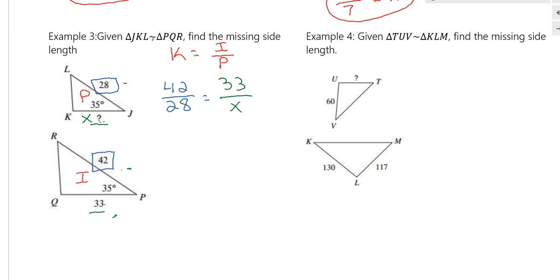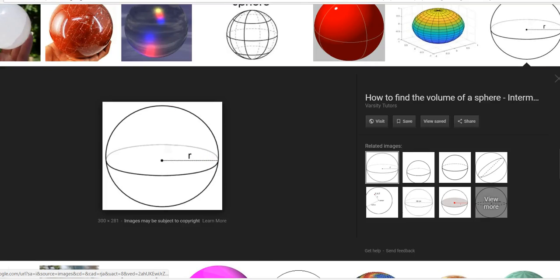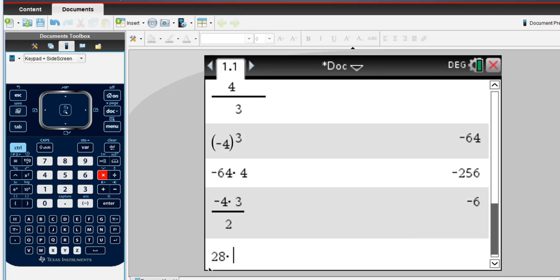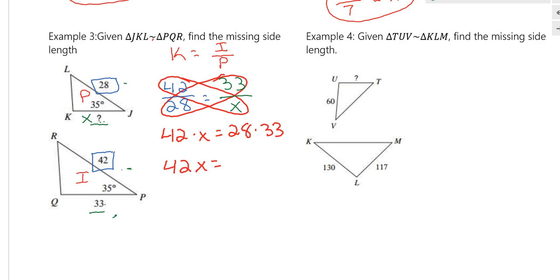Now that we've done that, we draw our beautiful butterfly. 42 times x is 42x. 28 times 33 is 924.